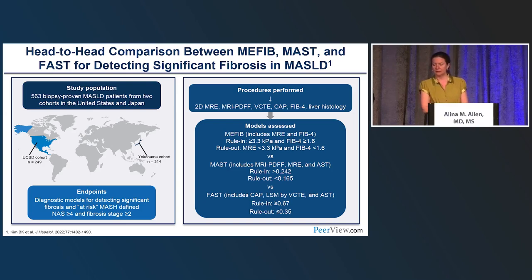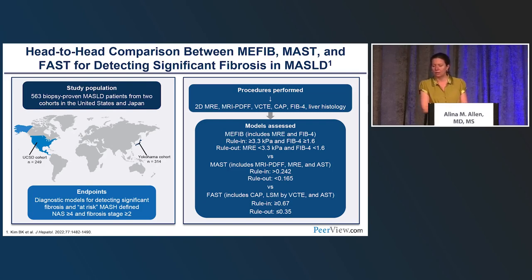So MEFIB is a combination of MRE and FIB4. The numbers that are used to rule in fibrosis are 3.3 kilopascals by liver stiffness measurement and a FIB4 higher than 1.6. MAST includes MRI-PDFF, liver stiffness by MRE, and the AST value.